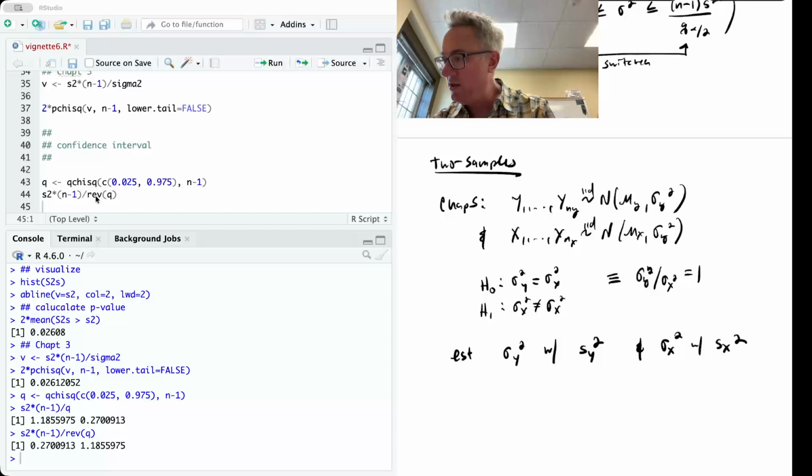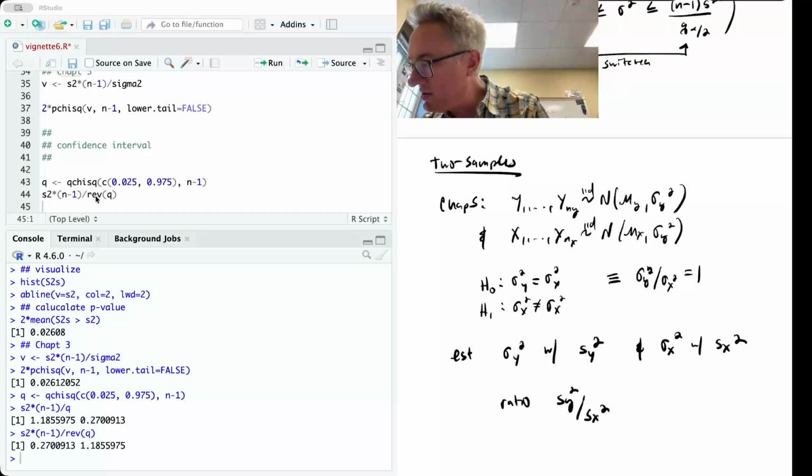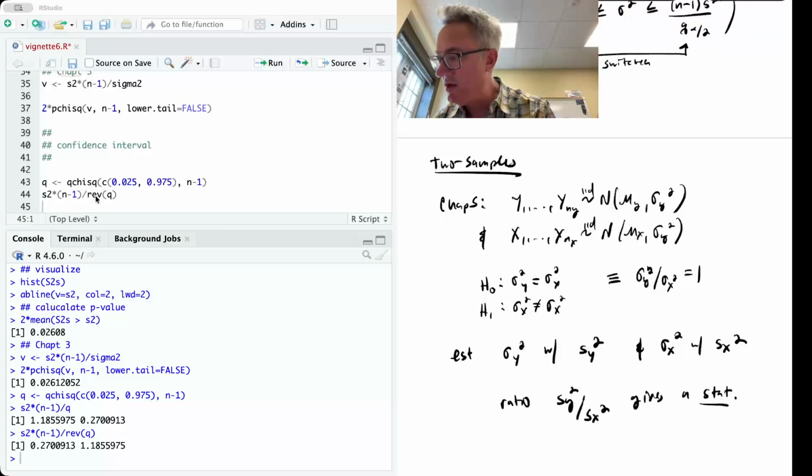And if we're thinking about their ratio, s y squared over s x squared, this gives us a statistic that we can use for testing.